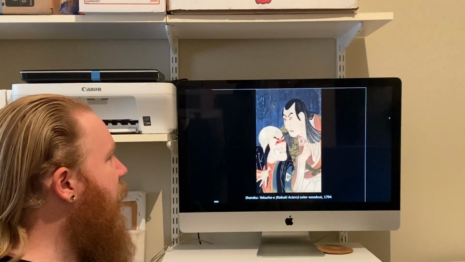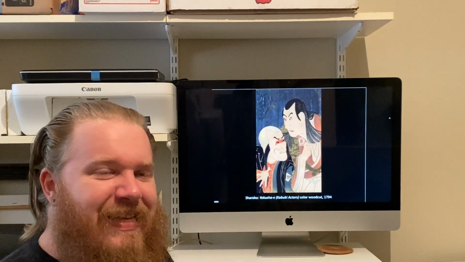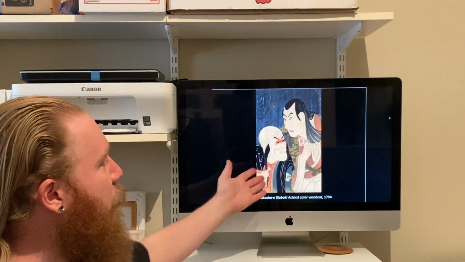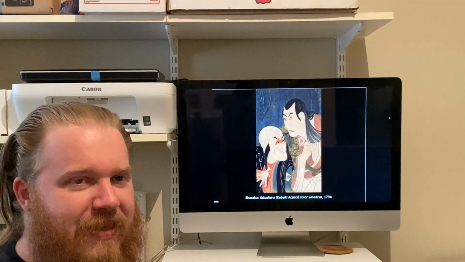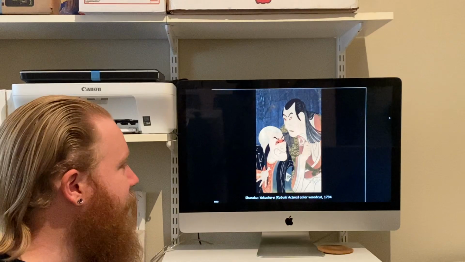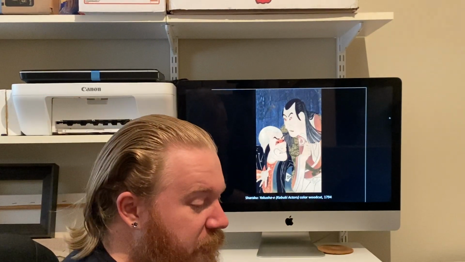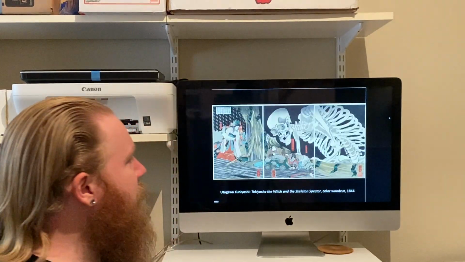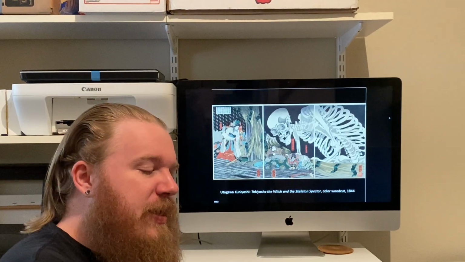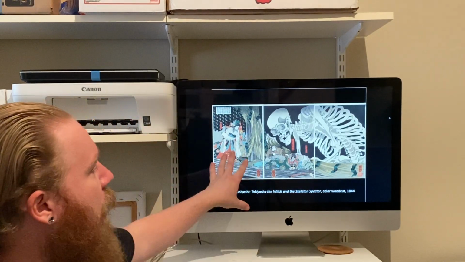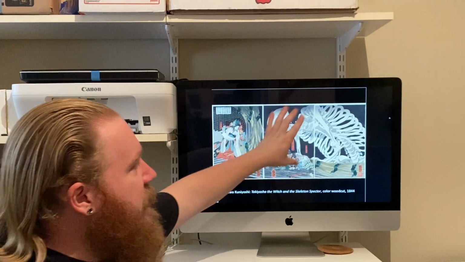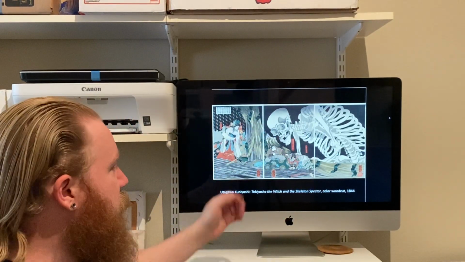But they vary in intensity and representation. Here we can see these are kabuki theater actors, a very prominent aspect of many of these ukiyo-e prints as well. But some of them also show mythology and other things like that. I also like that some of them show movements across multiple panels, such as we see here.